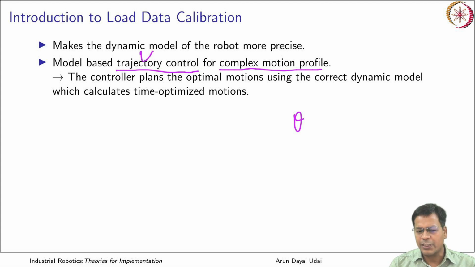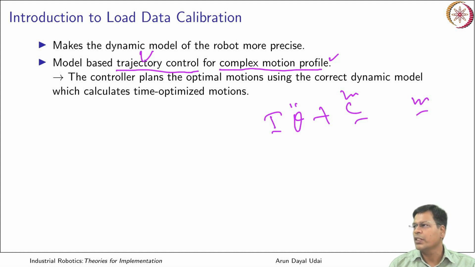So for model based trajectory control, which is for complex motion profiles, you need the moments of inertia and the masses which are there in the different components. They are very important. The controller plans the optimal motions using the correct dynamic model, which calculates the time optimized motions.